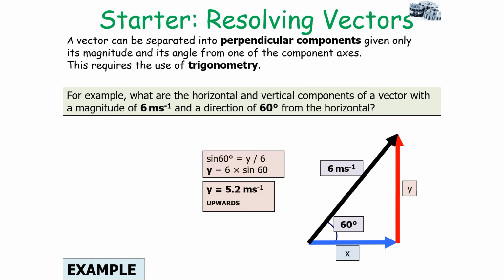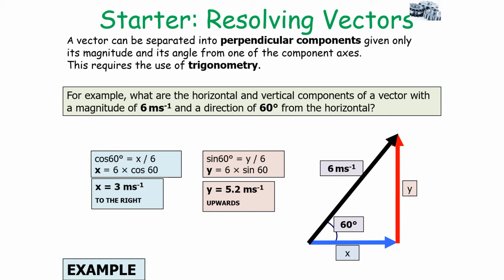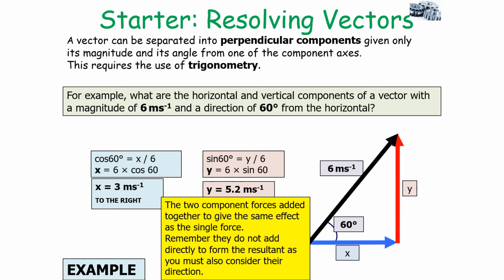We can then use our ideas of trigonometry to work out our answer of y, where y is equal to 6 times sine 60, so you work that to 5.2 meters per second upwards. So therefore we've got now our resultant vector split into its two components. So the two component forces added together will give the same effect as the single force, but they don't add directly to form the resultant, as you've also got to consider their direction.